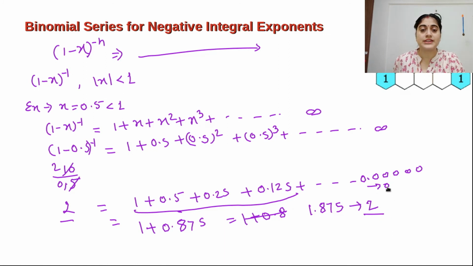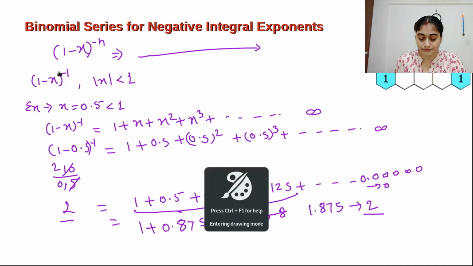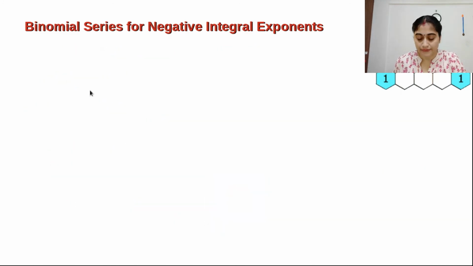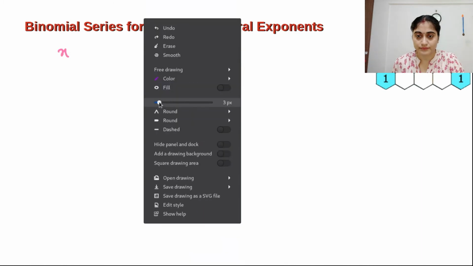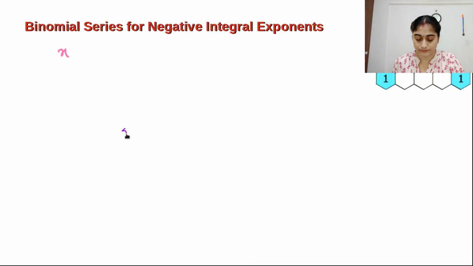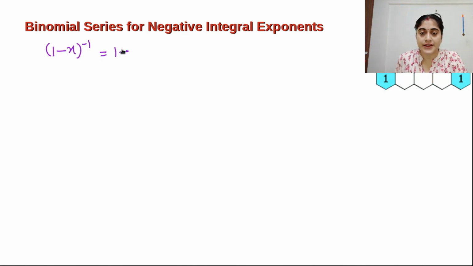Now if I take one example where x is greater than 1, what will happen? So this is the series that we know: x square, x cube, going up to infinity.